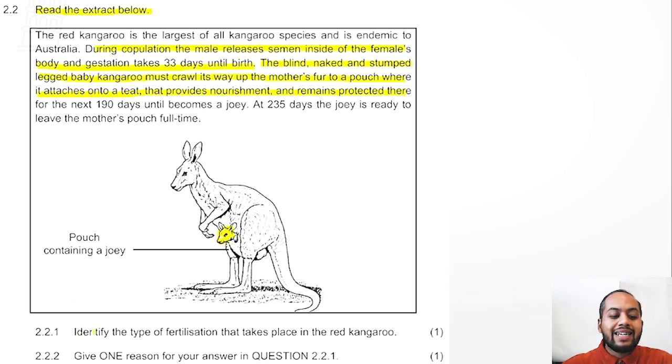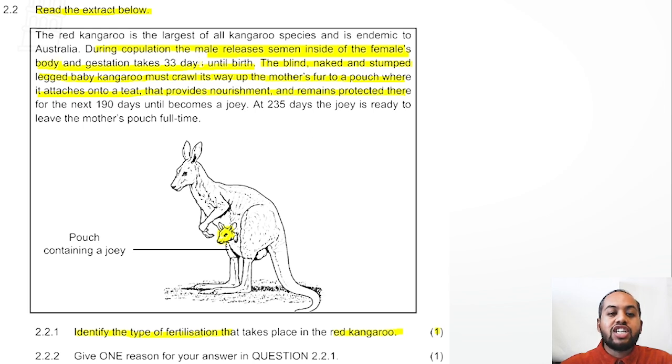2.2.1, identify the type of fertilization that takes place in the red kangaroo, for 1 mark. There are 2 types of fertilization. It is either internal or external fertilization. And you will notice here it says during copulation the male releases semen inside the female's body.